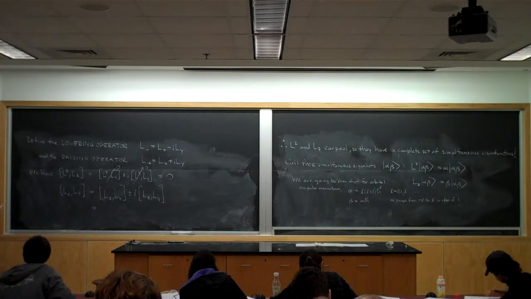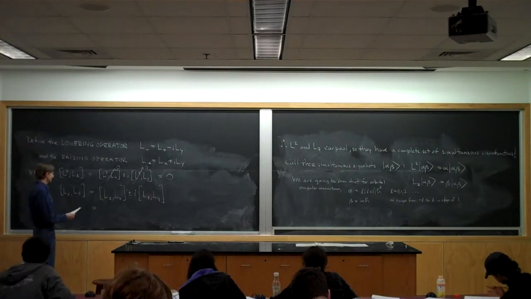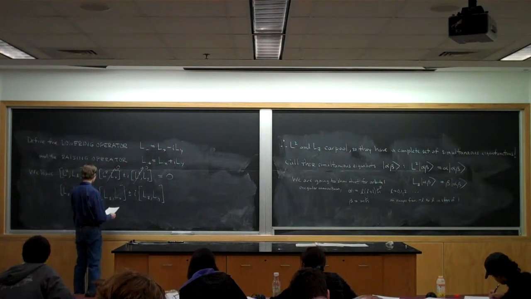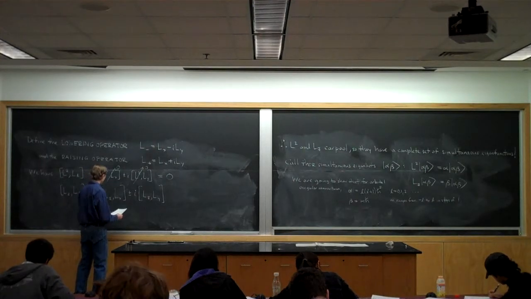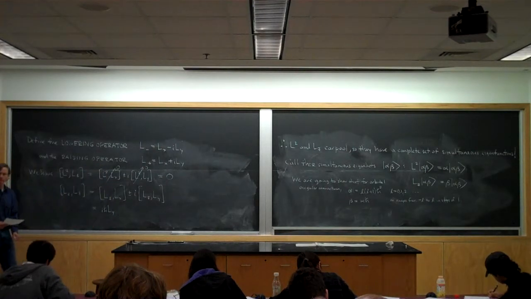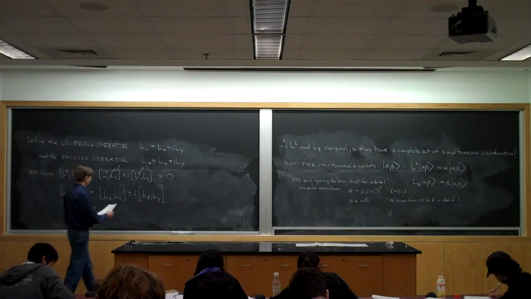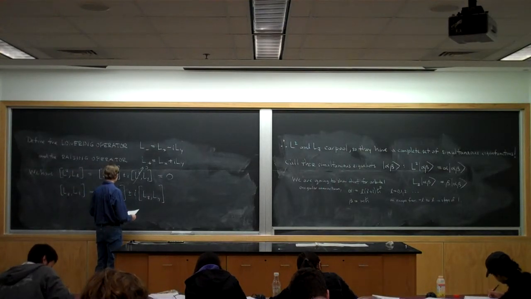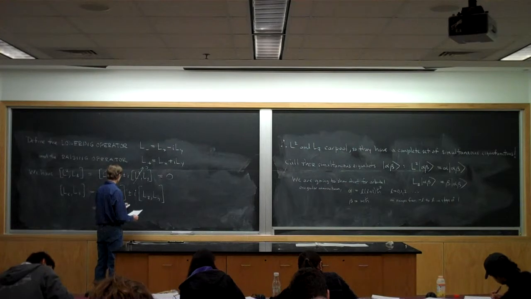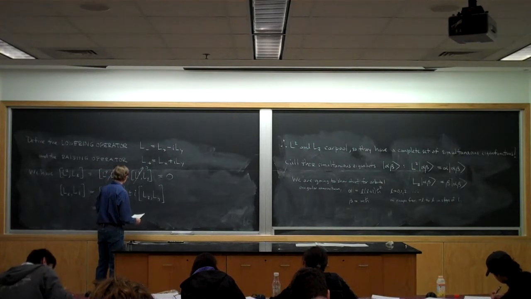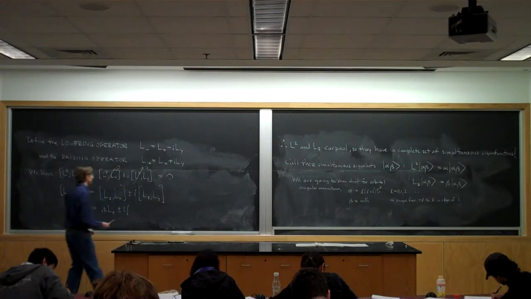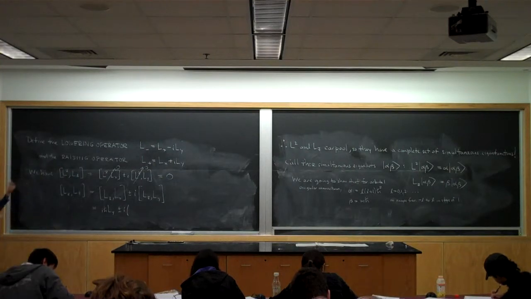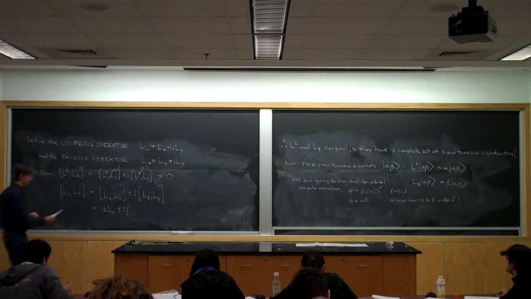But the commutator of Lz and Lx is i h bar Ly. That's one of the cyclic permutations that produces a plus sign. So we get i h bar Ly for the first term, plus or minus i, and the commutator of Lz and Ly, that's one of the ones that comes with a minus sign instead.